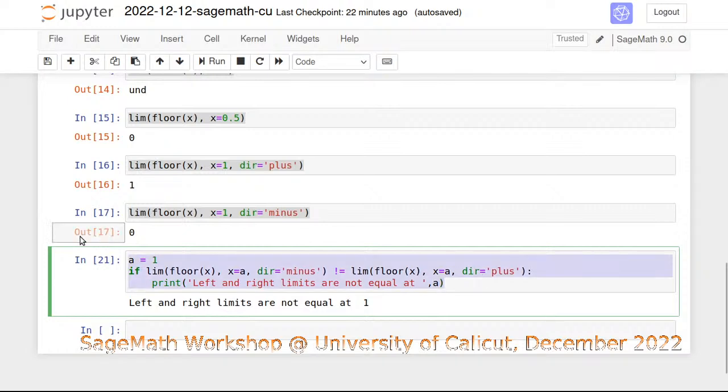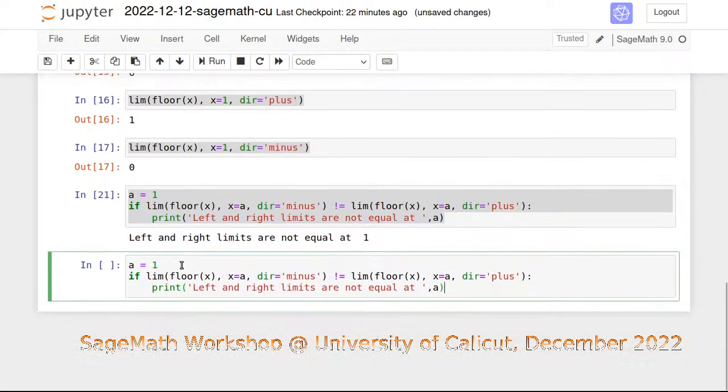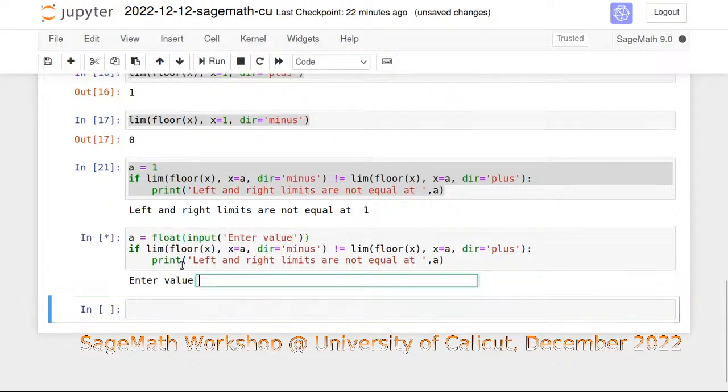Yes. Let us see whether that input is working. You want to use the input command. Int or float. See.